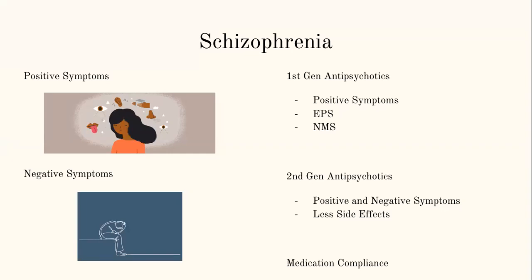So it's a lot of motor, it's a lot of muscle impairment. It's a lot of shaking. It's a lot of discomfort for that patient. EPS, if it's treated early, can be resolved, but if it's not treated effectively early on, it can be permanent. The way that we treat EPS is with an antihistamine like Cogentin or Benadryl.